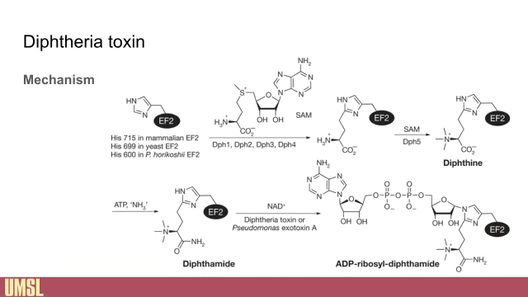Elongation factor 2 is one of the few proteins that we have that gets this post-translational modification to appropriately interact with tRNAs. And so one of the ways that diphtheria toxin selectively ADP-ribosylates this particular histidine residue is because it is post-translationally modified by us.